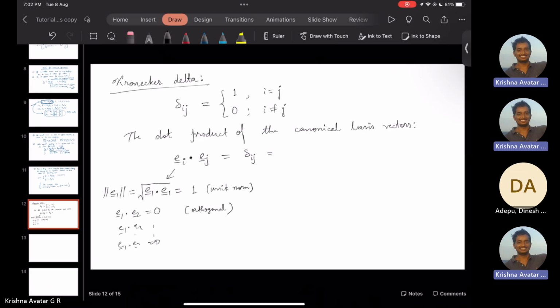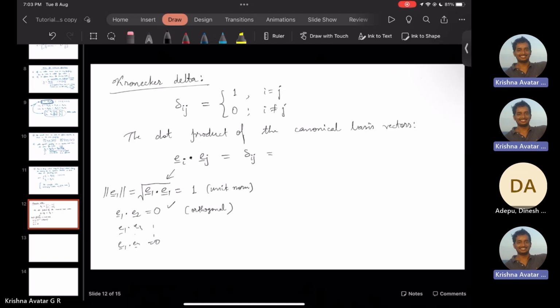And likewise, this unit norm occurs for every index. It will also occur for e2 dot e2, and likewise for en dot en. And there we observe one pattern: if the dot product is taken between two canonical basis vectors which are not the same, then it results in a value of 0, and if the dot product is taken with itself, then it results in a value of 1.